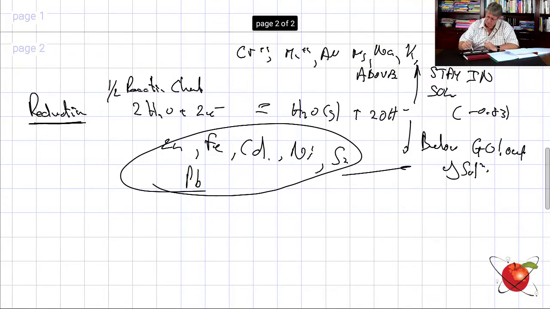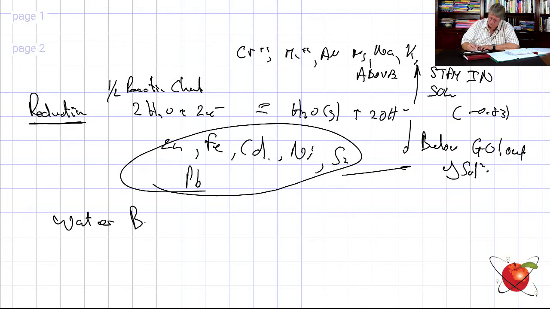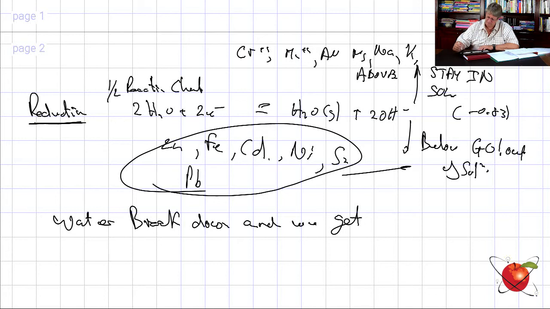So what happens is over here, if you get there, the water will break down and we get, look what Kevin's written here. Not H2O gas, Kevin, it's H2. Sorry, please just correct, it's hydrogen gas there.